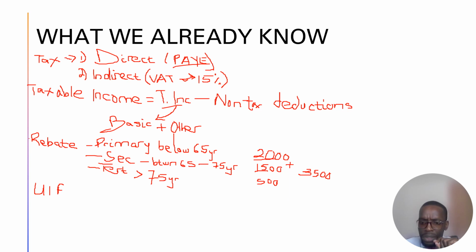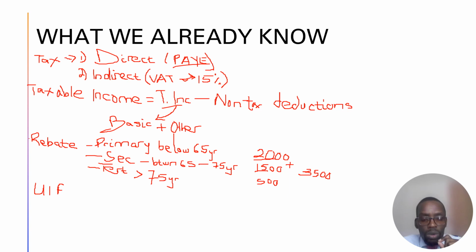It's very important that you understand that UIF is 1% from the employee, but the employer also pays the same amount, 1%. So you contribute 1%, the employer also brings in 1%, and then when it goes to the revenue collectors, it goes in as 2%. I hope I've clarified that.